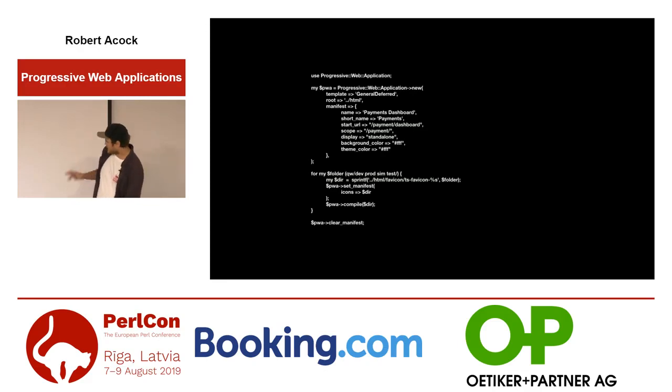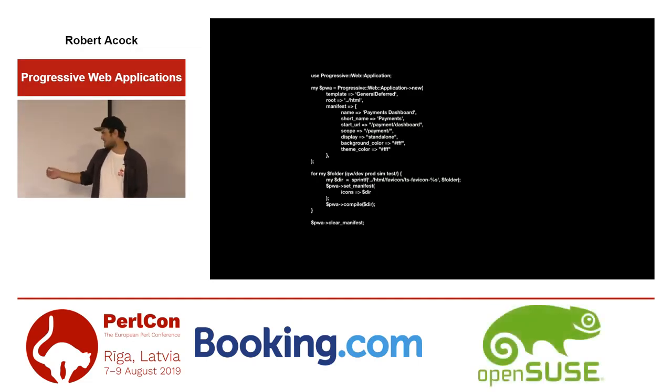This is showing me generating manifests for dev, prod, simulation, and test. My manifest file is in a ts-favicon- whichever environment. Inside of my application, I have some logic to check which environment I'm in, and it includes the right manifest inside of my HTML.